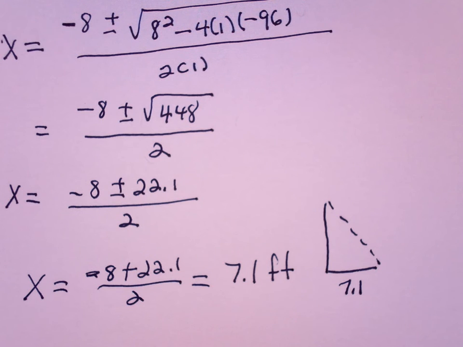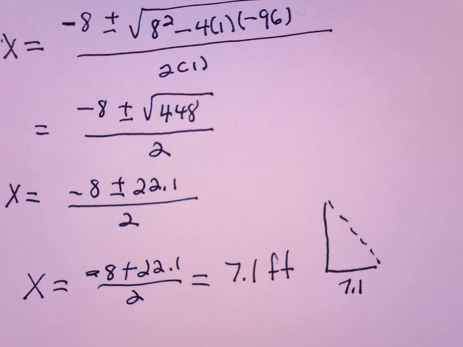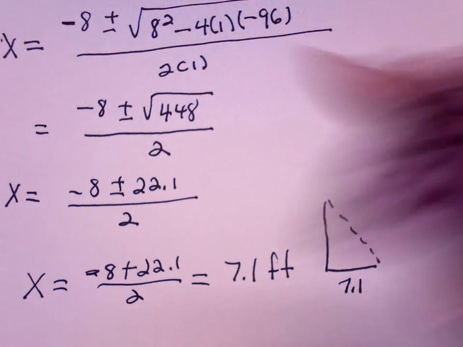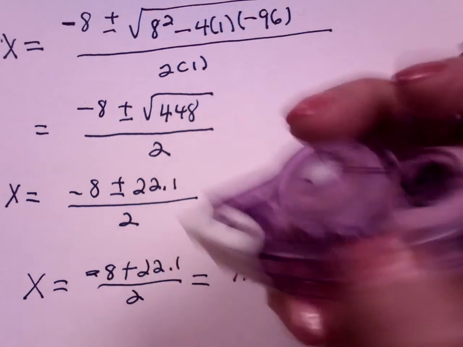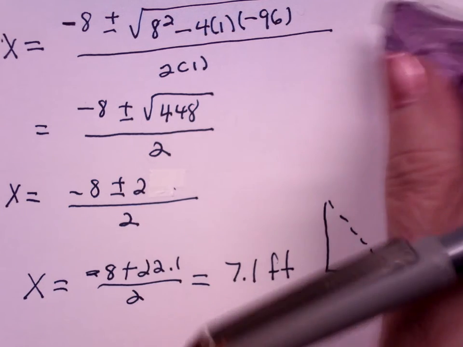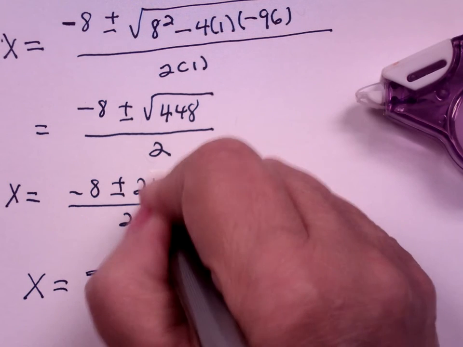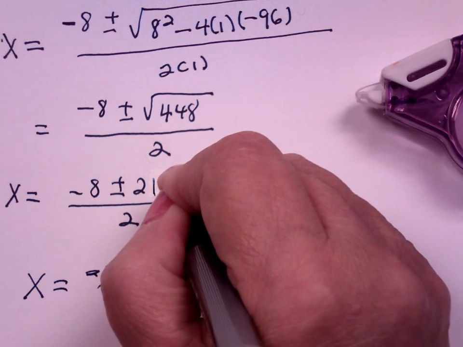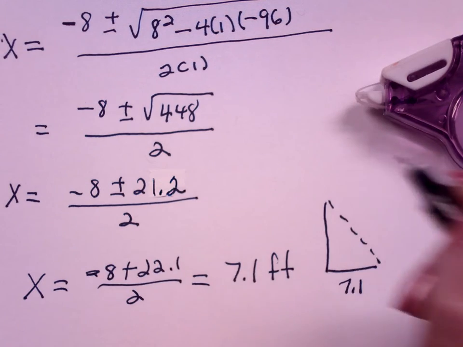In my calculator for the square root of 448. Yeah, I got 21.7. What was it? 21.16, which would be 21.2, right?